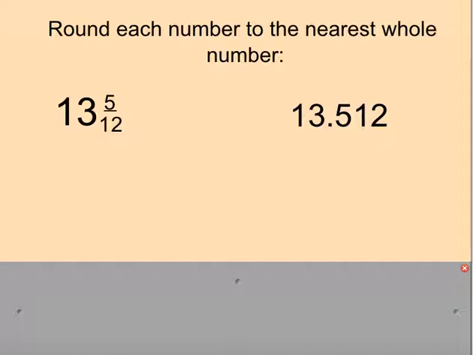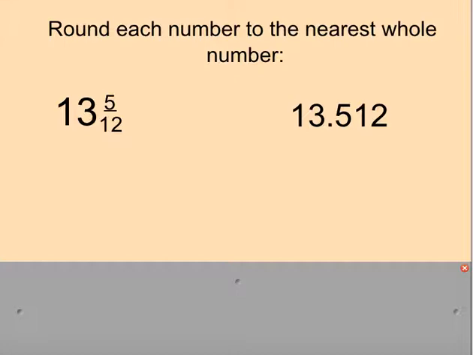So when we see things like this, 13 and 5/12, I might think to myself, well, that 5 is telling me that I need to raise the score to the nearest whole number. But when we actually think about this, 5/12 is not bigger than half. That's what our rounding rules tell us: if we have bigger than half, we need to raise the score. But in this case, I don't.